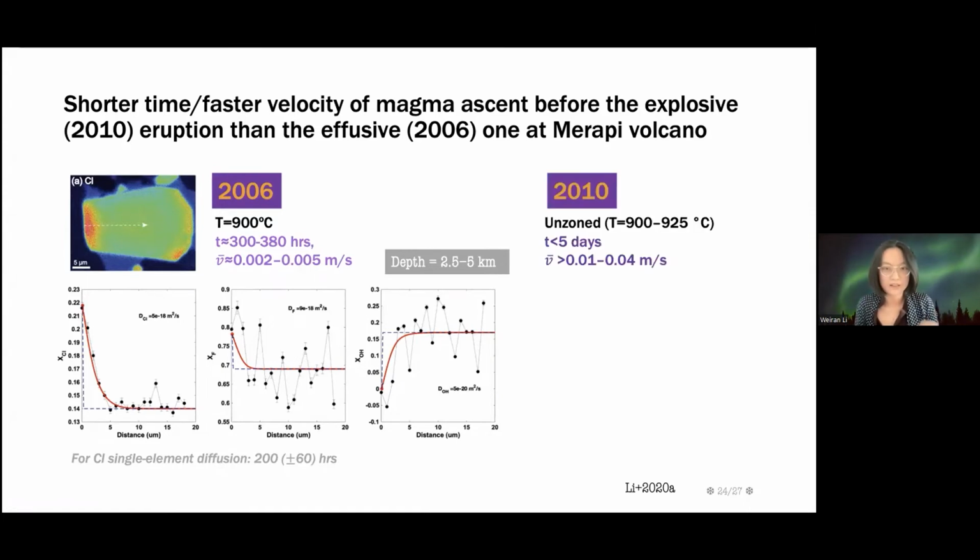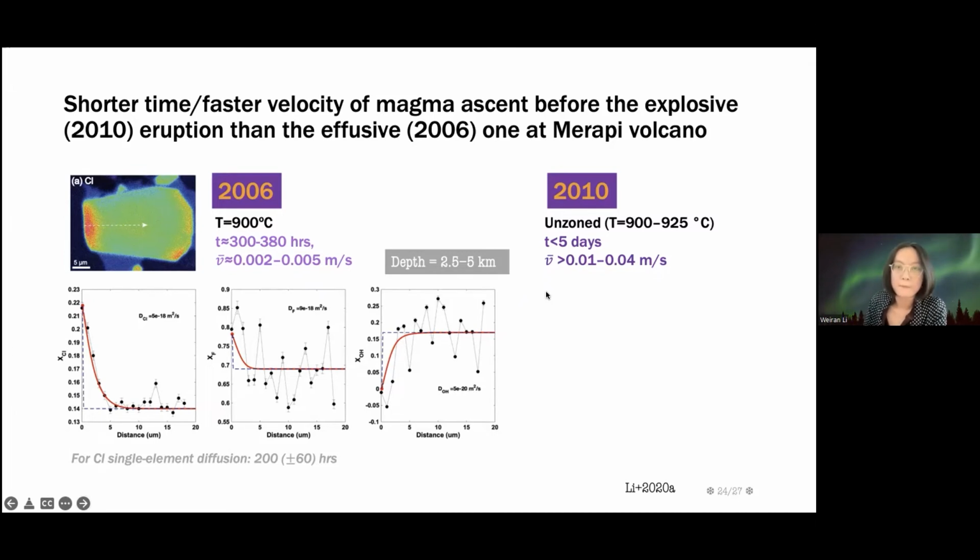If we consider the same depth of magma storage before ascent for the 2010 eruption, because there was no obvious zoning in apatite from that eruption, we can get a maximum timescale of about 5 days. That translates to a minimum average magma ascent rate of these values, and these are about 5 to 8 times faster than the magma ascent in 2006.